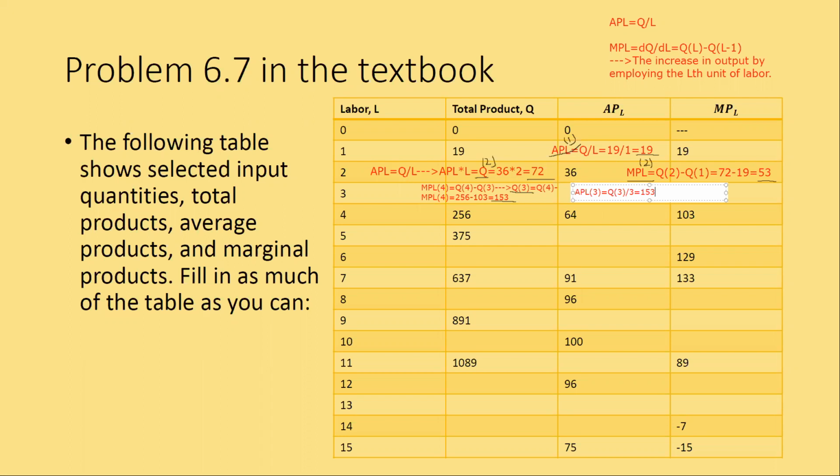So it is 153 divided by 3, which equals 51. And the MPL, the marginal product of the 3rd unit of labor, is Q3 minus Q2. In this case, it is 153 minus 72, which equals 81.